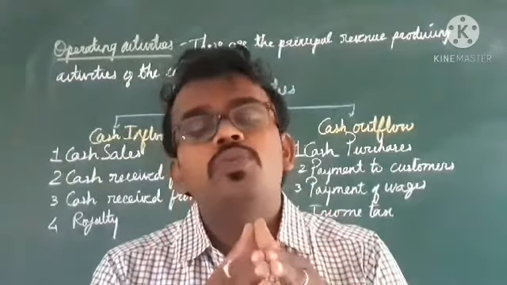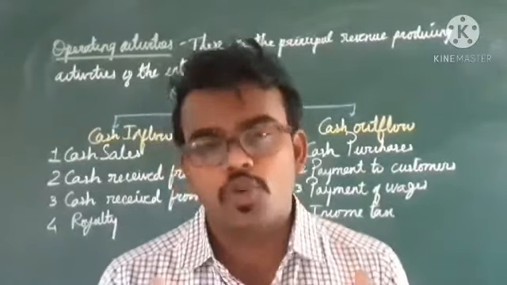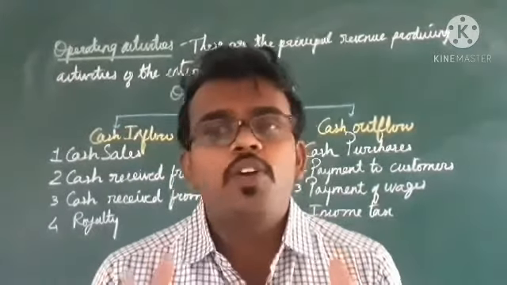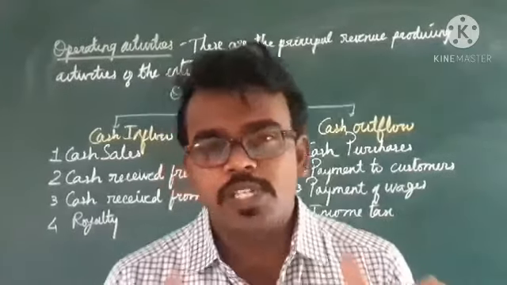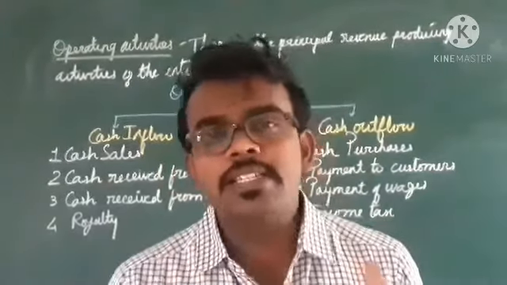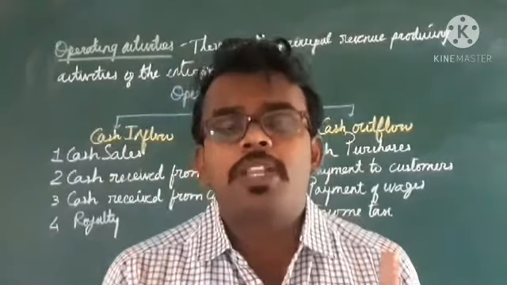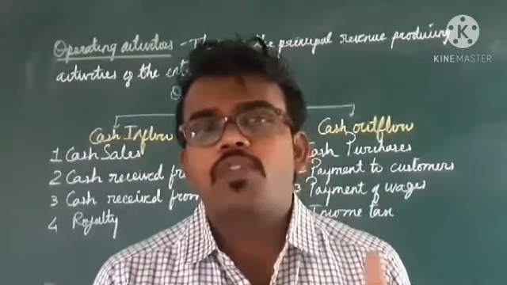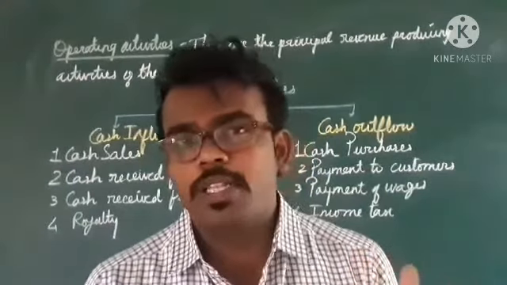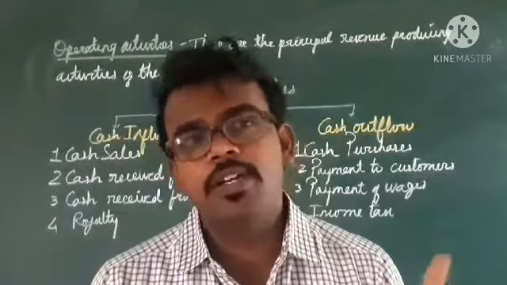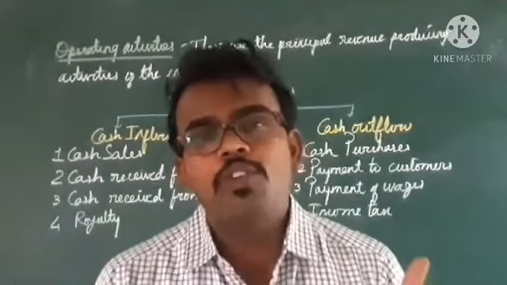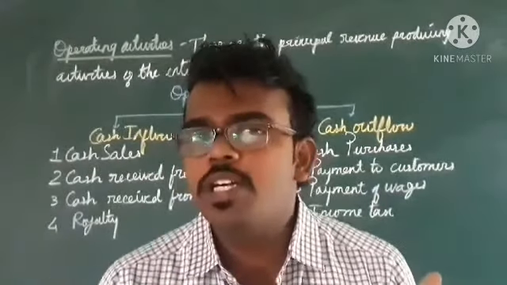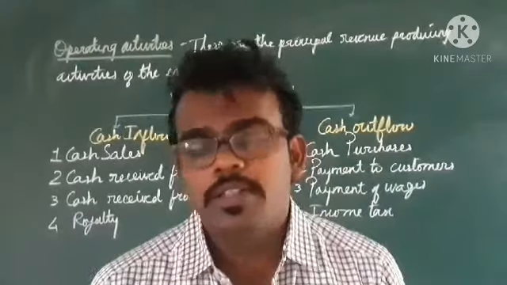If you are able to divide these four categories in a question, then framing the cash from operating activities becomes easy. In the next classes, I will tell you the different methods of calculating cash flow from operating activity. We have two methods, the direct method and the indirect method. I will give you a format and explain the problems from the next classes. Thank you, students.